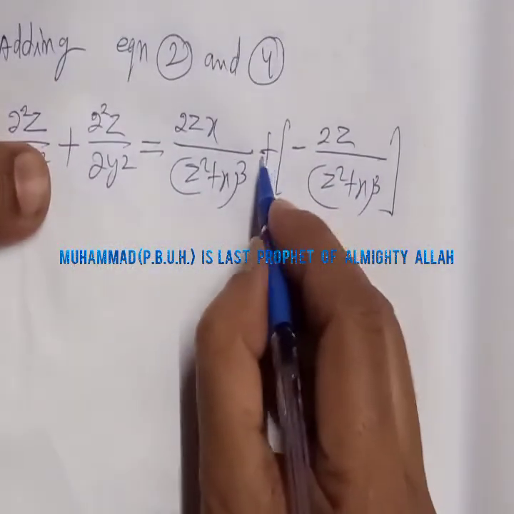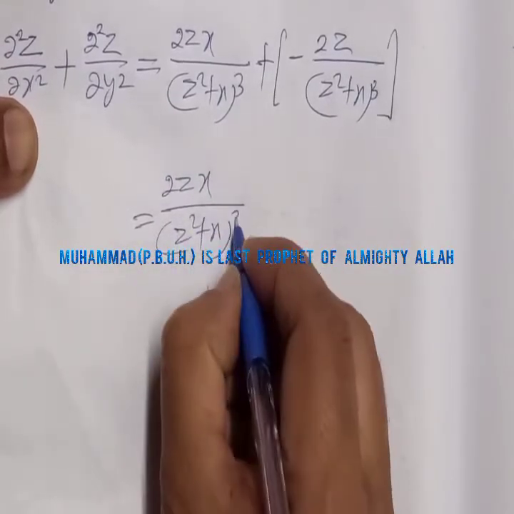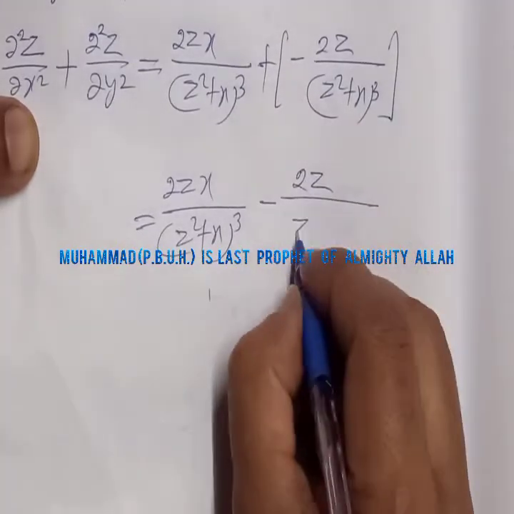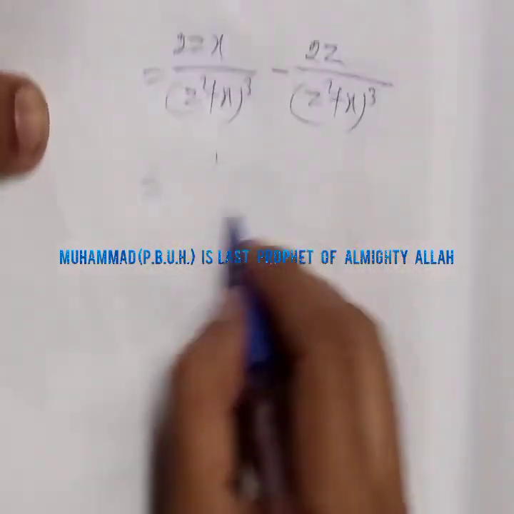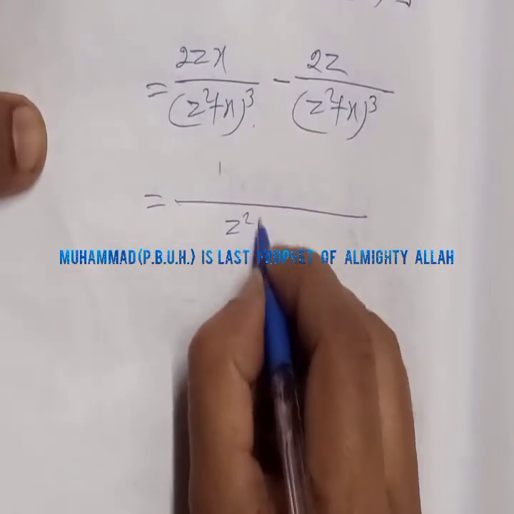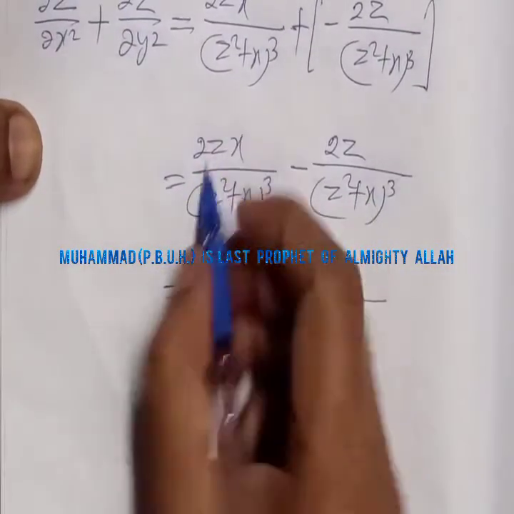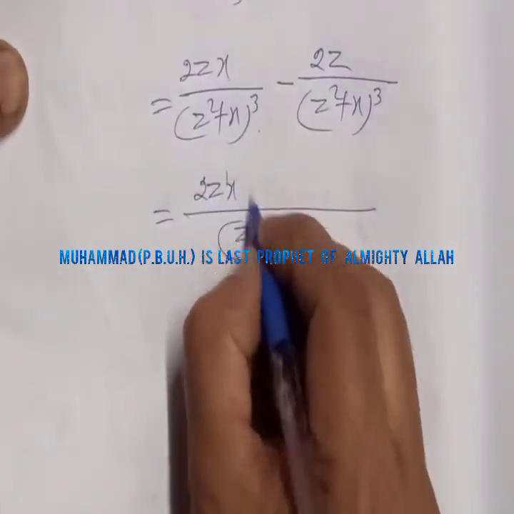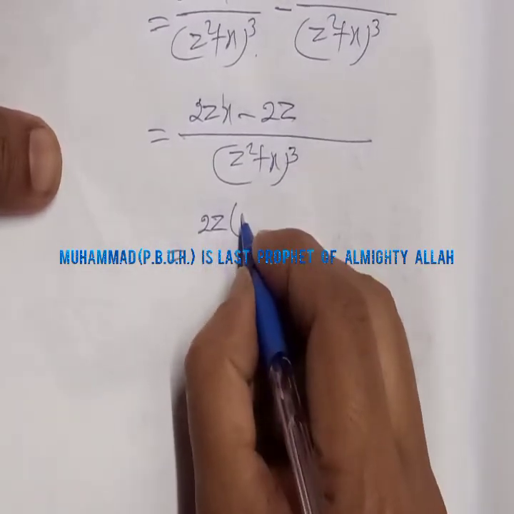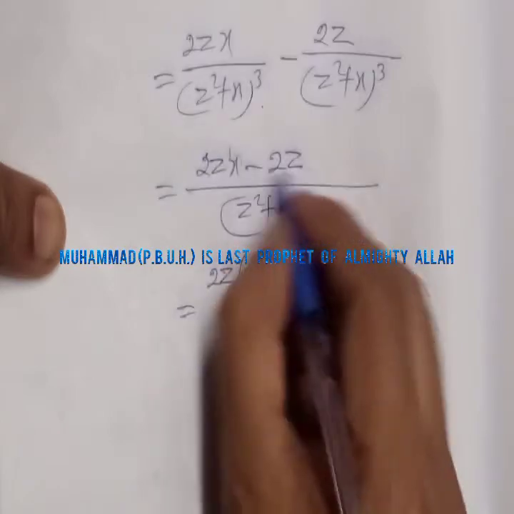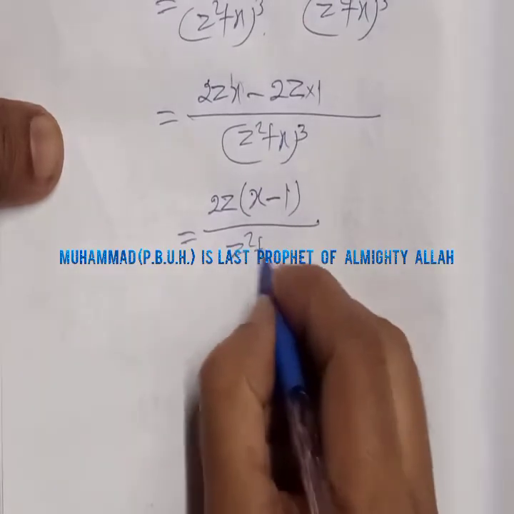On opening this bracket, the sign becomes negative, and we have 2zx upon (z² plus x) whole cube minus 2z upon (z² plus x) whole cube. We take (z² plus x) whole cube as the LCM, and since this value is the same, we can add directly 2zx minus 2z. 2z is common here, then remaining x, and 2z is common, and we get only 1 here, over (z² plus x) whole cube.